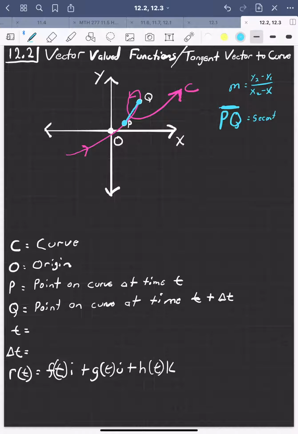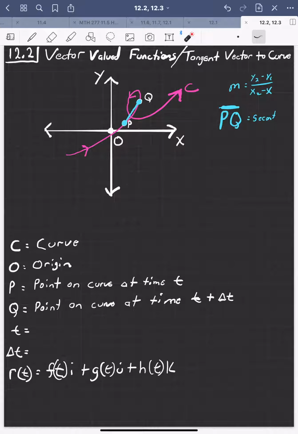What we want to do is we want to find the velocity at P itself. So that distance from P to Q is going to have to decrease, right? It's going to have to get smaller in order for us to find a velocity at P. So how are we going to do that?